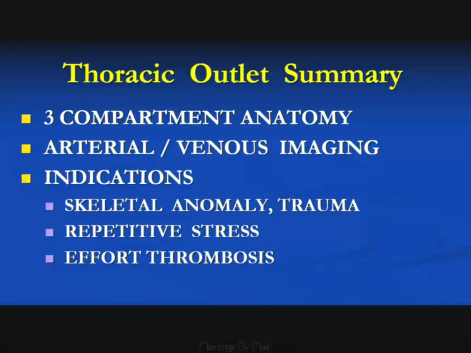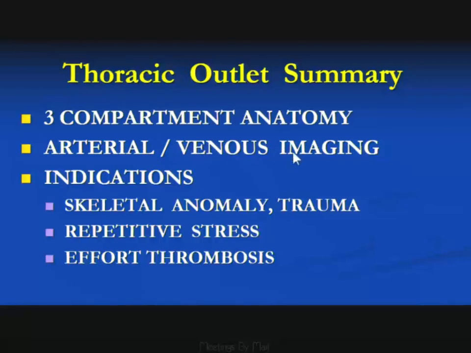So, thoracic outlet summary: remember that it's a three-compartment anatomy, that you have the interscalene triangle, then the costoclavicular space, then the retropectoralis minor space. We do arterial imaging for patients who have arterial compression, whether that's due to clavicular fractures and malunions, or due to a first rib.